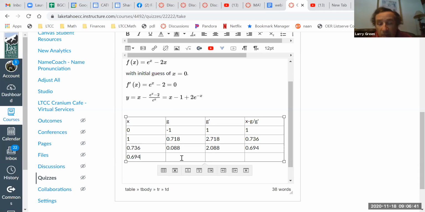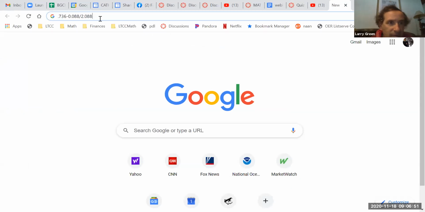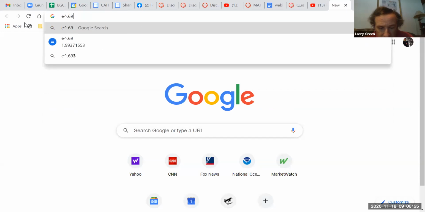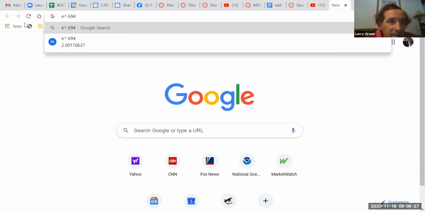If you repeat, if you get back to where you started, then you plug it in again, you'll get the same answer always. So now we're going to do 0.694. So let's do g, which is e to the 0.694. And that's 2.002.